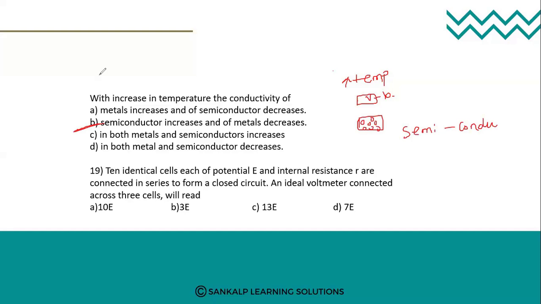And in metals, with an increase in temperature, the resistance increases. As the resistance increases, obviously the conductivity decreases. Sorry, so option B is correct. Yes, JNV, option B is right.